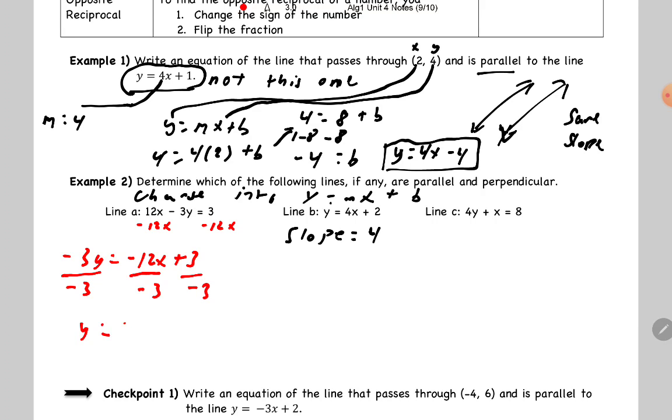Y equals 4x, so negative 12 divided by negative 3 is positive 4x. And then 3 divided by negative 3 is minus 1. So slope is 4 for this one. That means line A and line B are parallel.